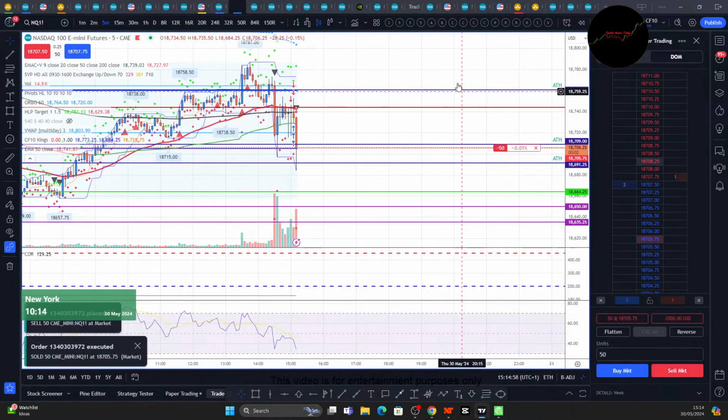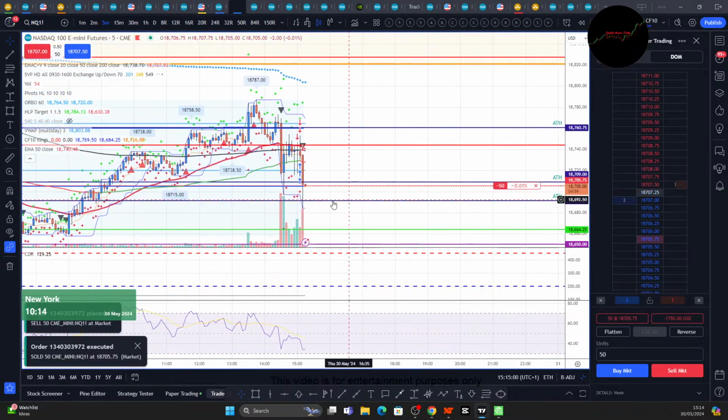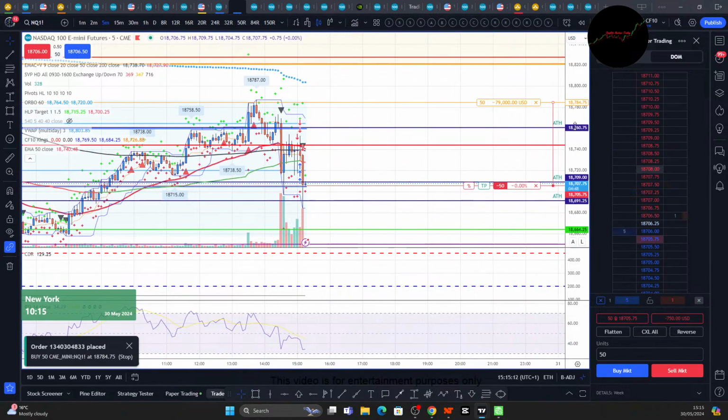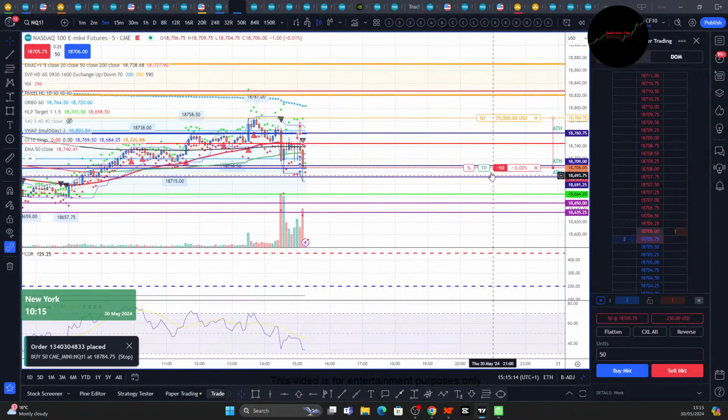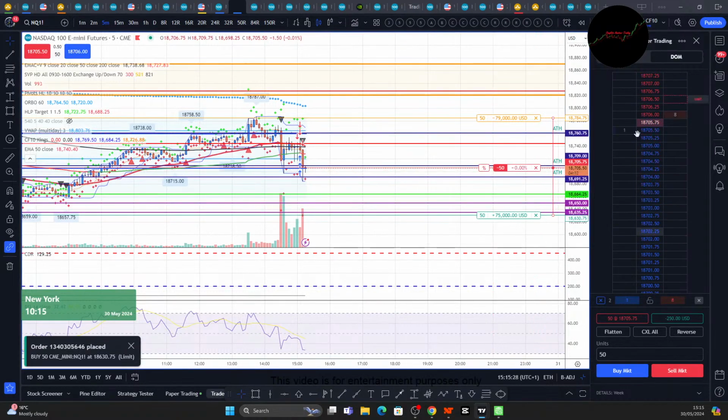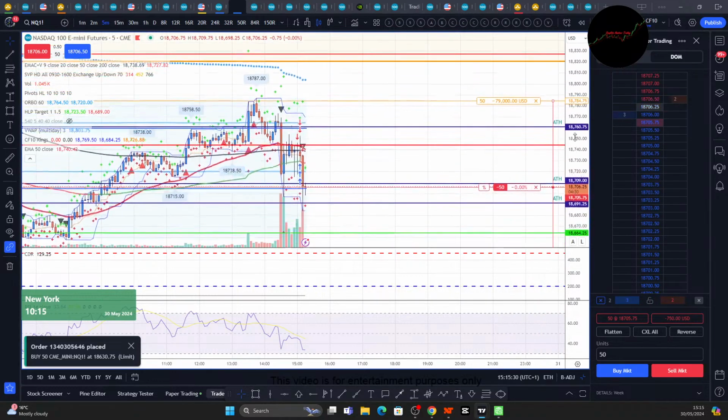So now I'm short. Oh, well, that's a huge stake profit. So this is a 3K trade. Let's see how this works itself out.